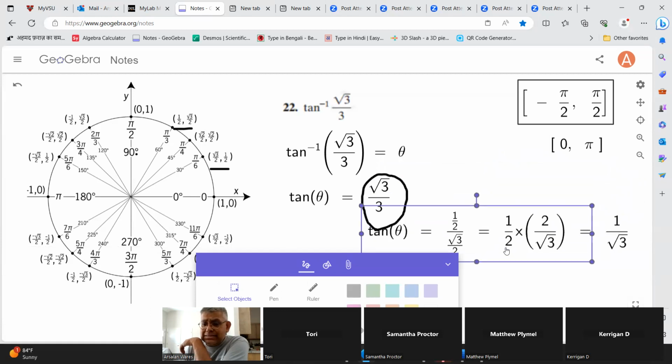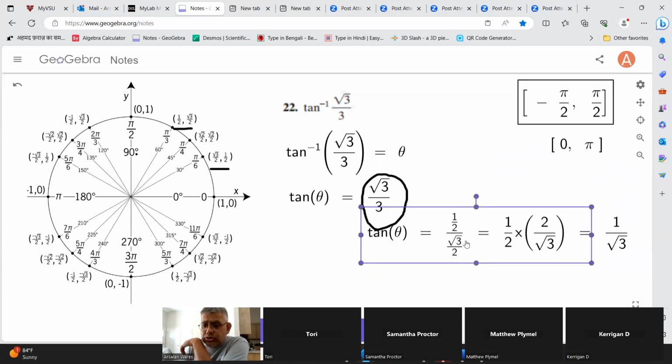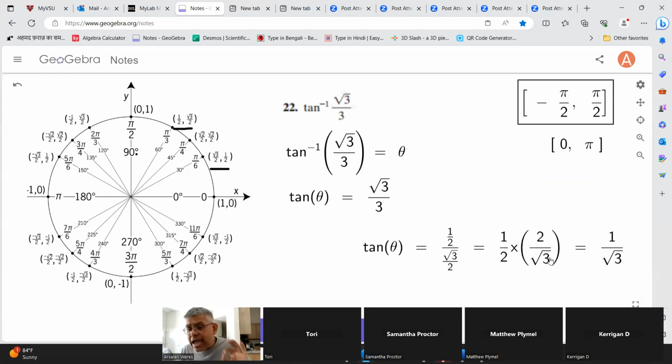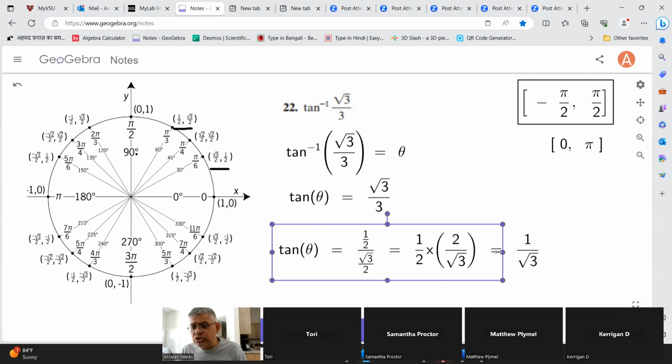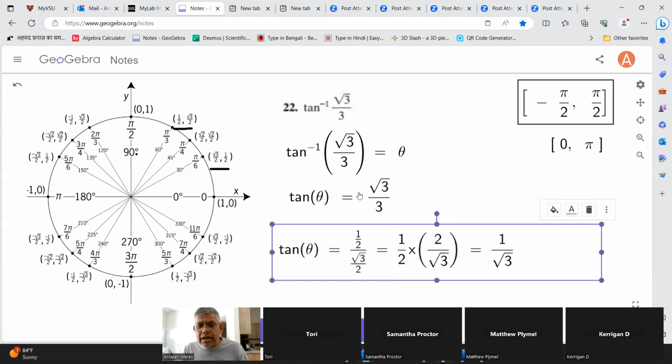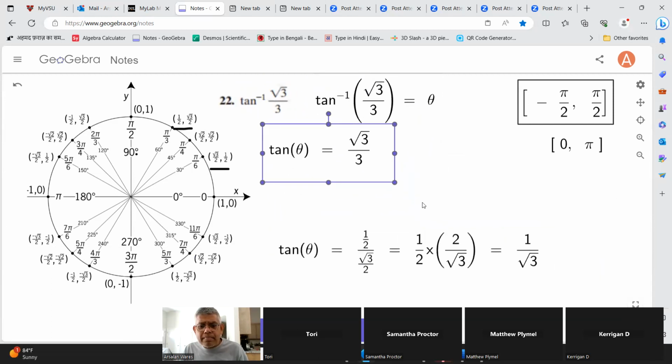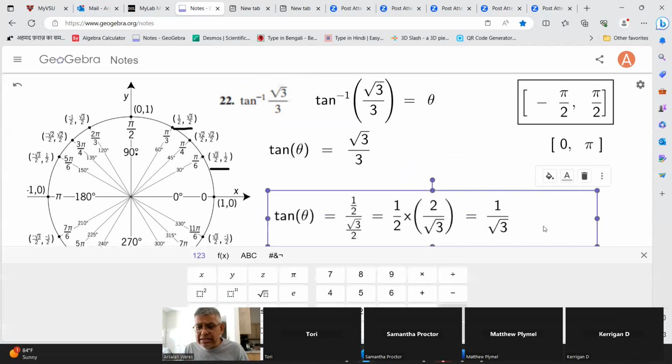Now, I see it: 1 over square root of 3. Now, 1 over square root of 3 is not this, but it really is if you rationalize the denominator. And I am going to rationalize the denominator. If you see it right away, you're like, that's it. So you're good. And if you would excuse me, I am going to rationalize the denominator by multiplying the top and bottom by square root of 3.